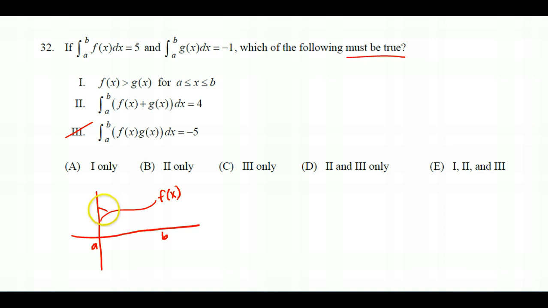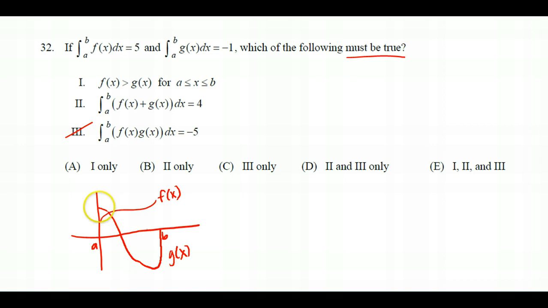So here's my g of x function. What I needed to do is dip down pretty low, because I want to make sure that after all of this positive area I'm accumulating, I end up going further down to ultimately end up with more negative area. So here's an example. This function here is my g of x, with g of x being above f of x for some point in the interval from a to b.